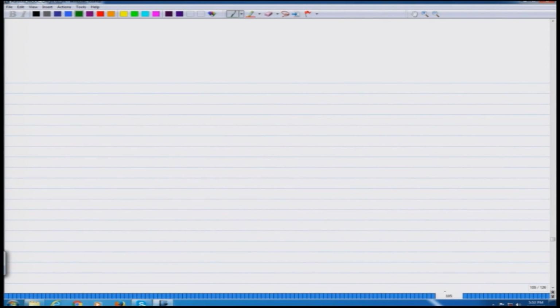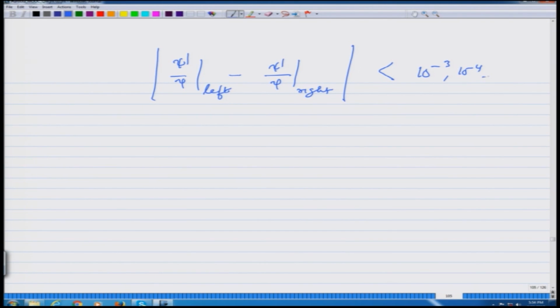How do we check that? We can say that modulus of psi prime over psi left minus psi prime over psi right is less than 10 raised to minus 3 or 10 raised to minus 4, that you have to play around and see where you get the answer. Once that happens, if it happens for certain E, that is the eigenvalue.